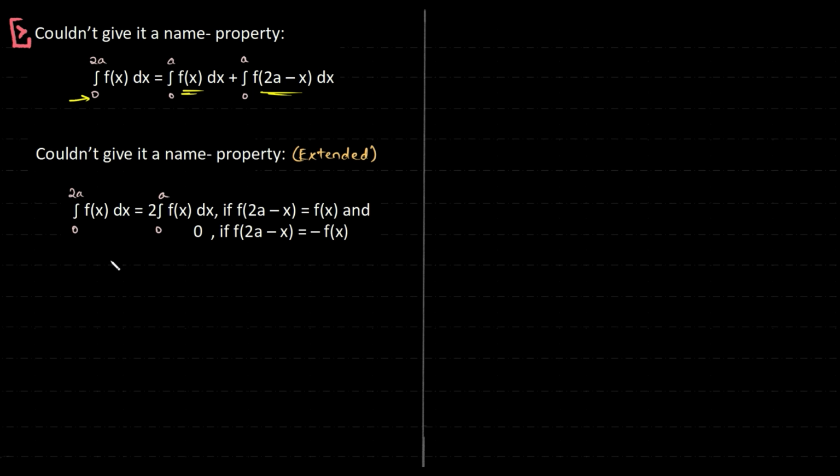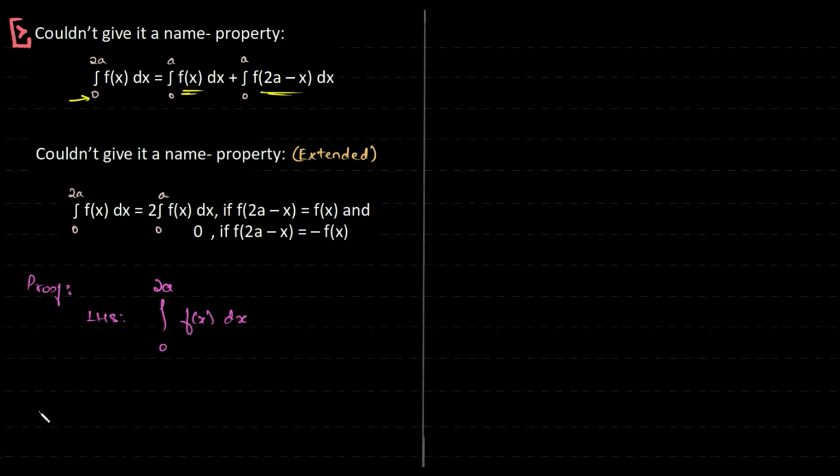Let me prove it mathematically and I'll explain it graphically also. Why does it make sense? We have the LHS, 0 to 2a f of x dx.